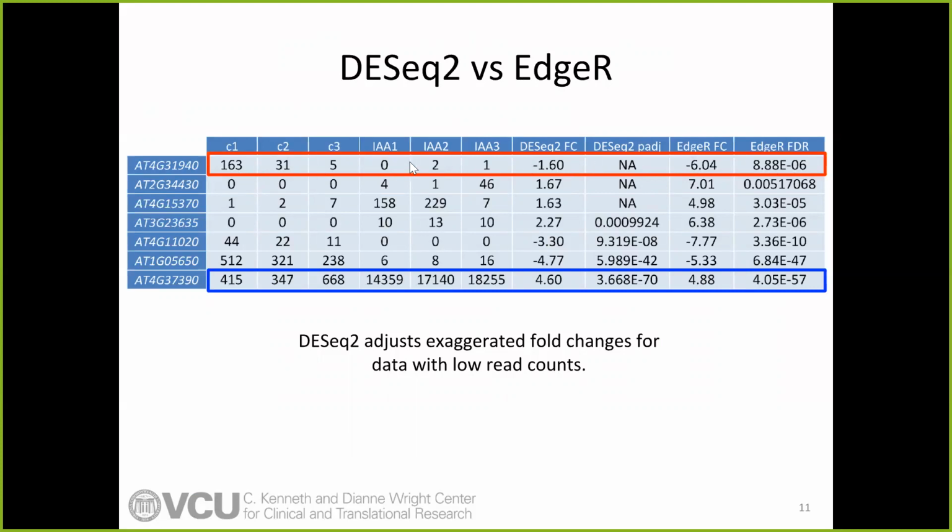This is a gene that I would probably disregard in any analysis, which is why I prefer to go with the DESeq2 measurements. However, when the read counts are high and you have a good base mean, the fold changes and the p-values for DESeq2 and EdgeR are very comparable.